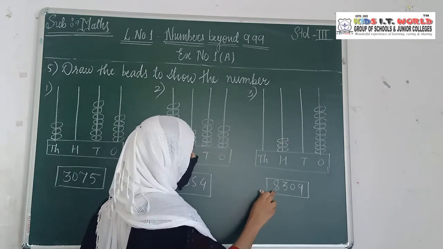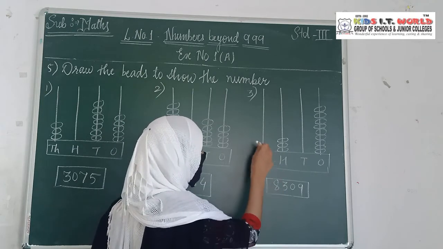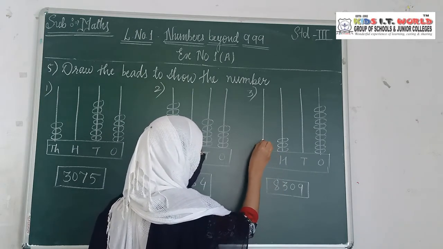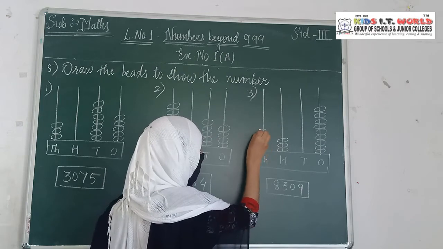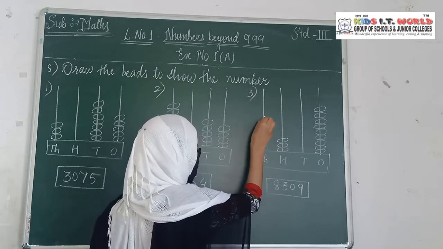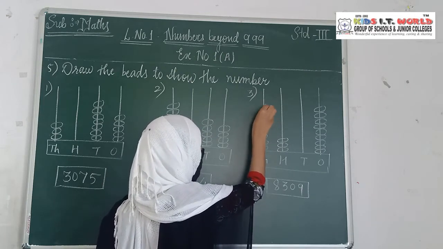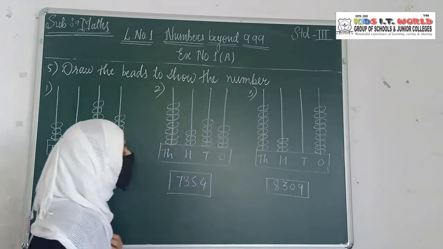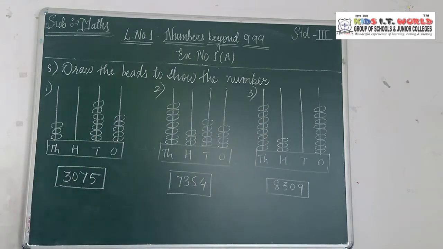Now on the thousands it is 8, so draw 8 beads here. 1, 2, 3, 4, 5, 6, 7, 8. In this way you have to show the number on the abacus by drawing that number's beads on those lines.